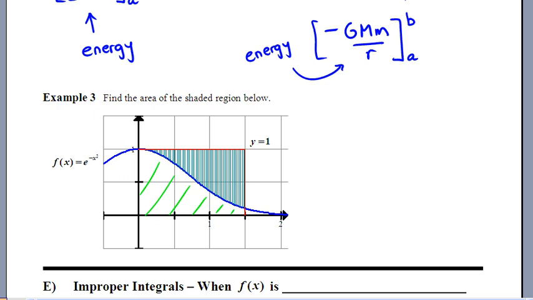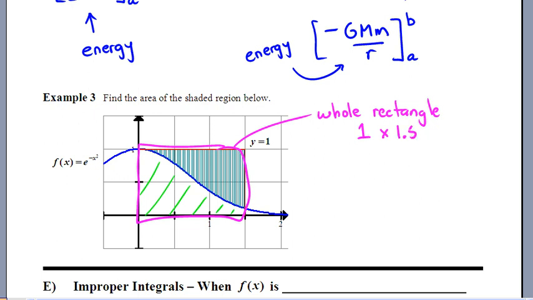Then we can take that answer and subtract it away from this whole rectangle here. The big rectangle is not too hard to figure out. In fact, let's do that right now. That's going to be 1 tall by 1.5 wide. The area there is just 1.5 square units.